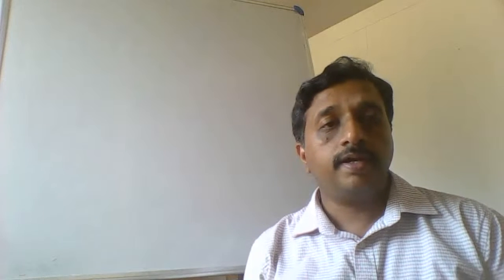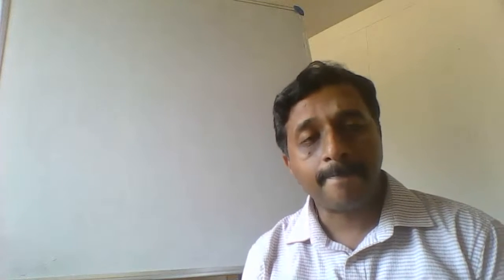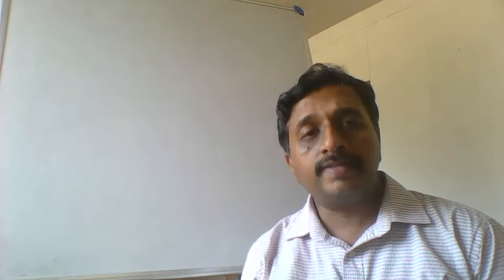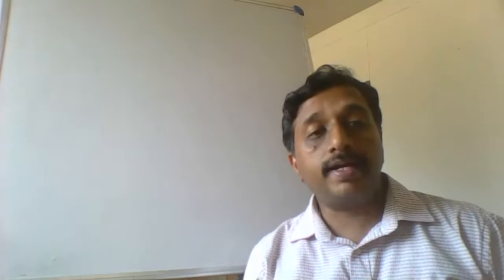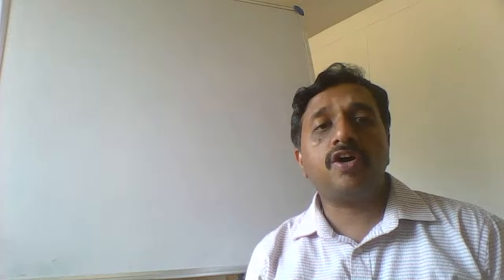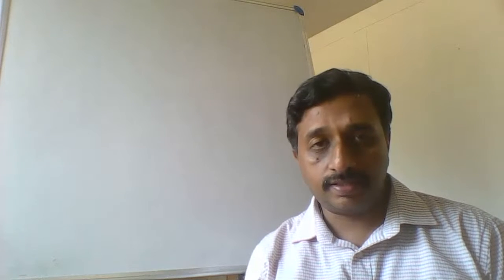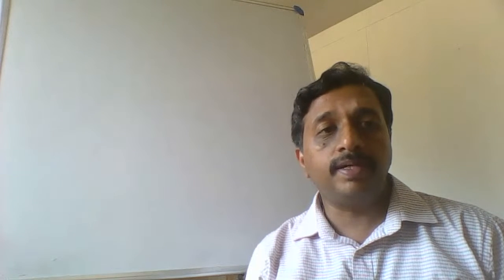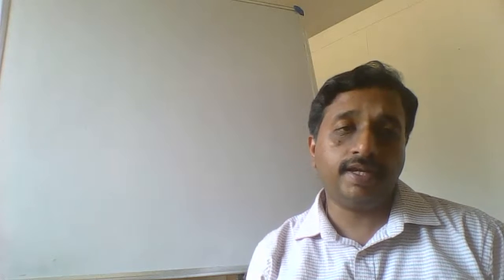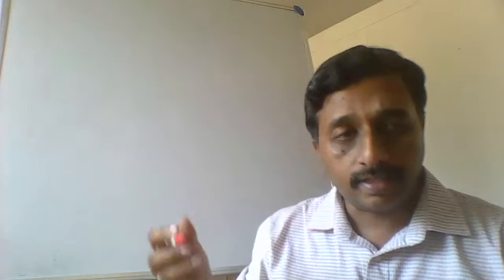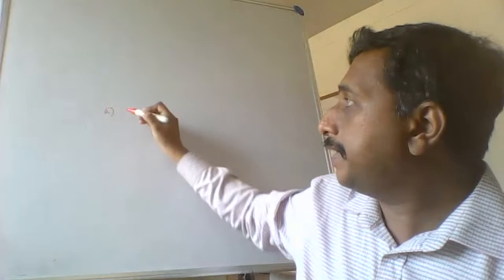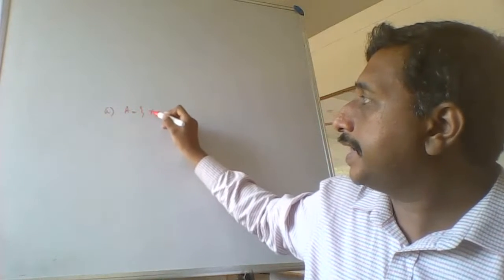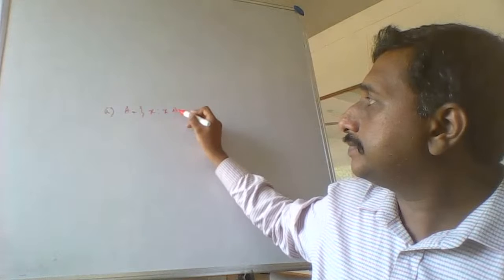If A is a set whose elements are obtained by adding 1 to each of the even numbers, then the set builder notation of A is, the choices are given here.